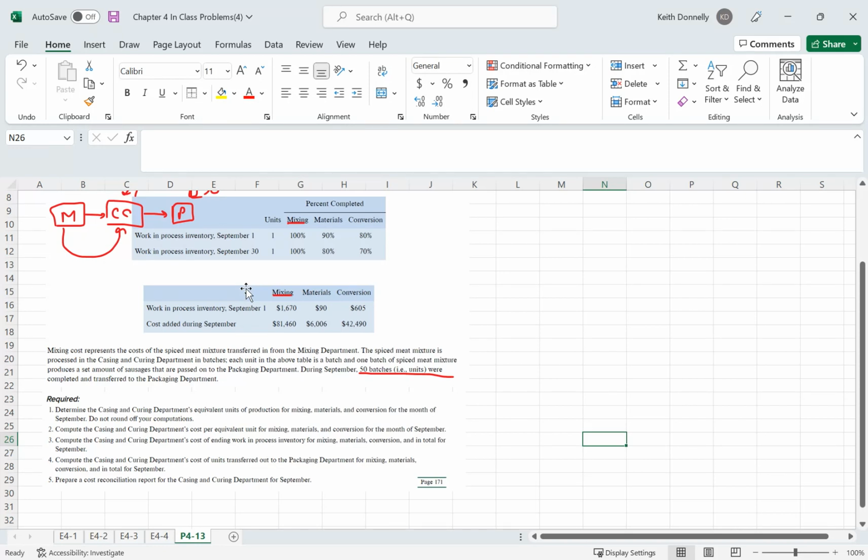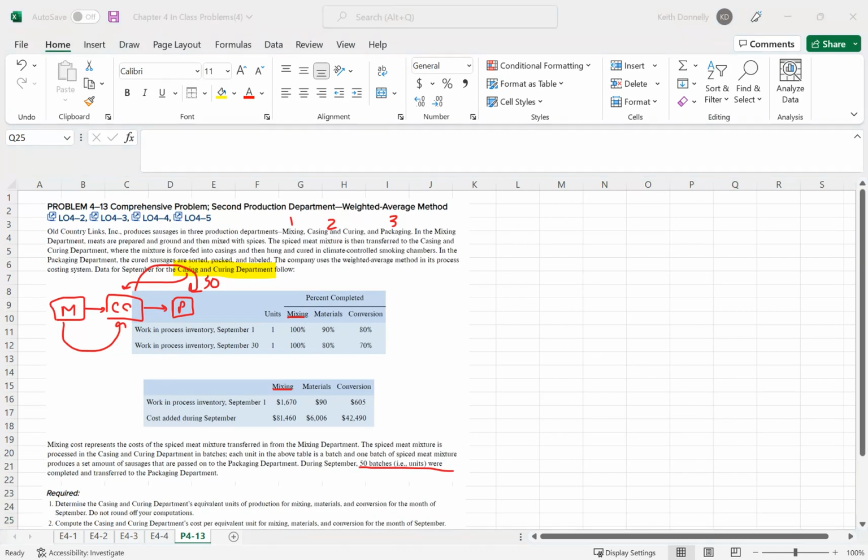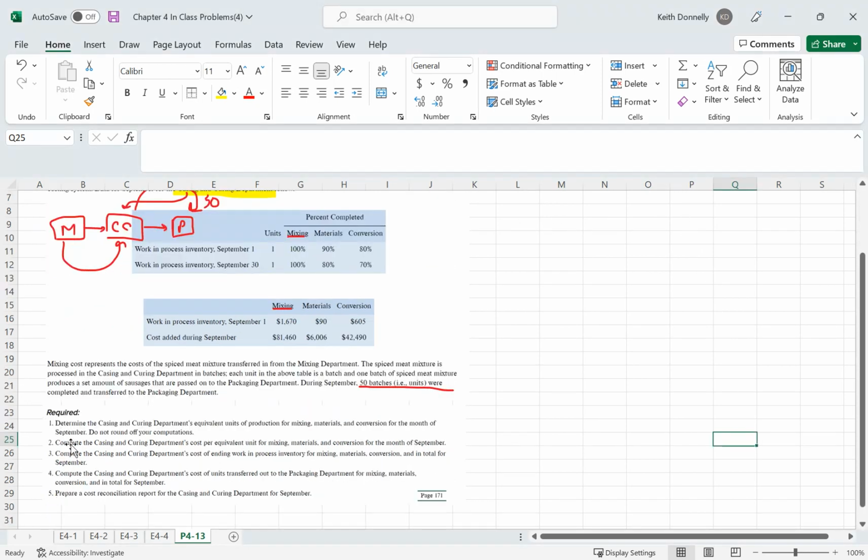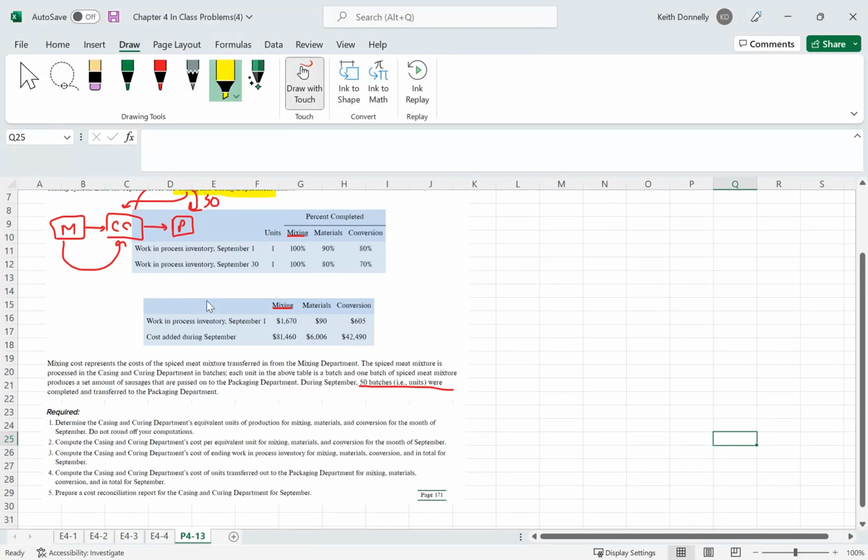Do not round off your computations. Okay, so for 1, we have 5 items to do here. 1, they want the equivalent units of production.